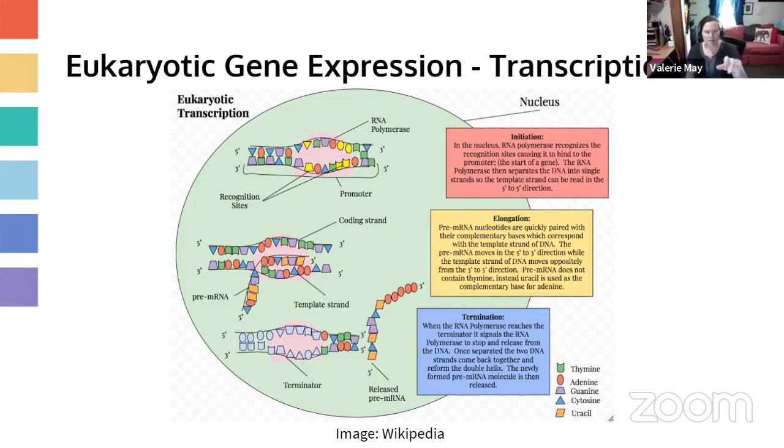One thing easy to remember: DNA polymerase and RNA polymerase can only add to the 3' end of what they're making. If you remember that one phrase, you can then work out which way it's reading and which way it's synthesizing.